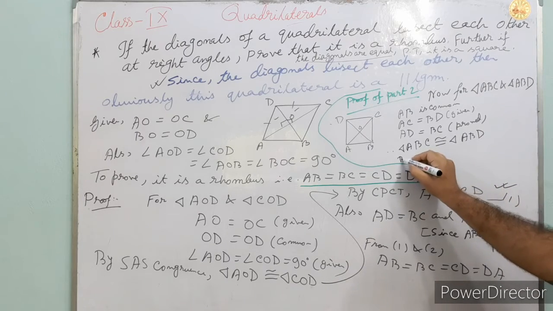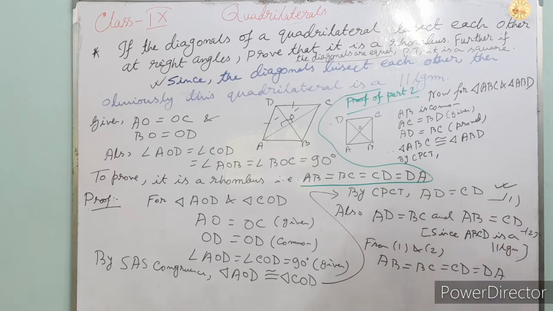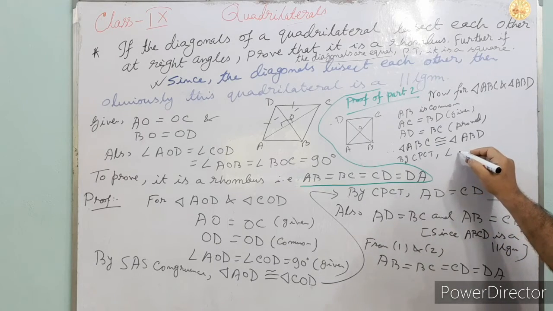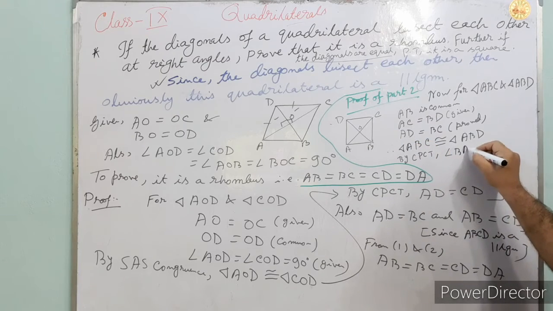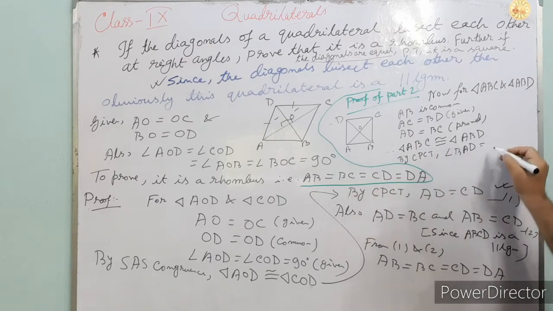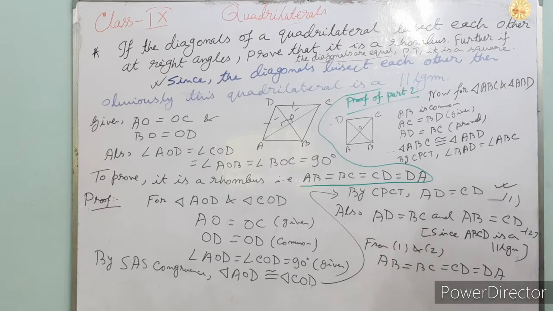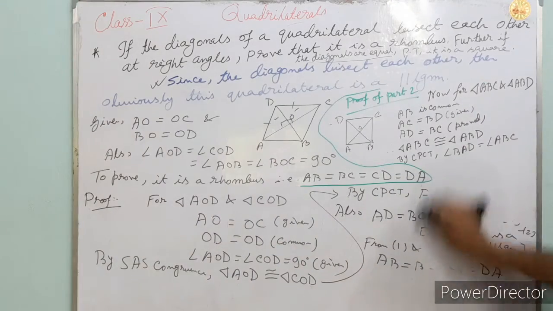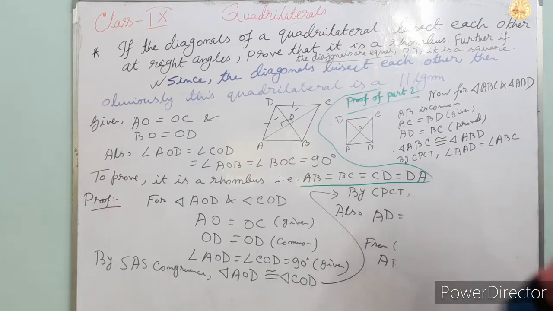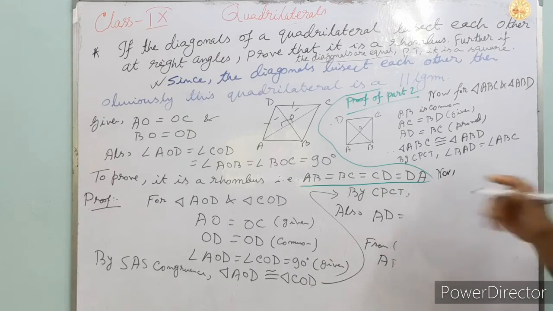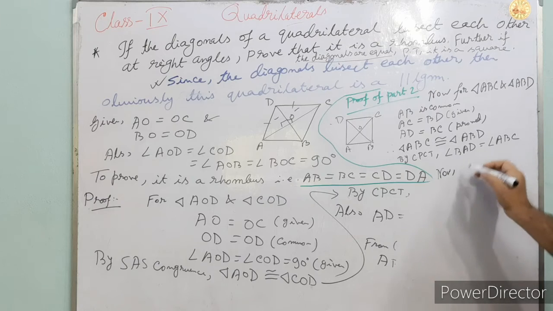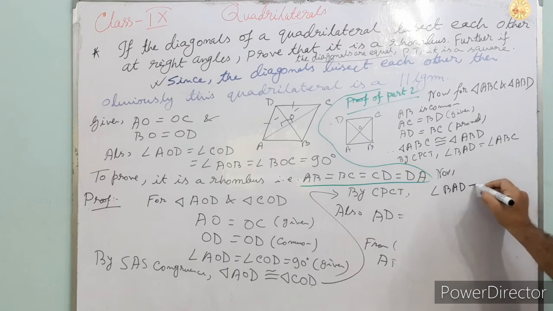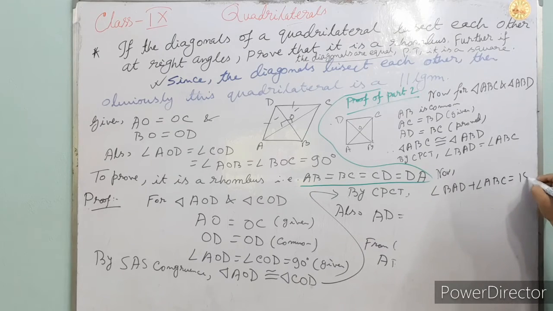So by CPCT we can say angle BAD equals angle ABC. So those two angles are equal, I have told here. But I am erasing this part now, otherwise I cannot complete. Now, angle BAD plus angle ABC equals 180 degrees.